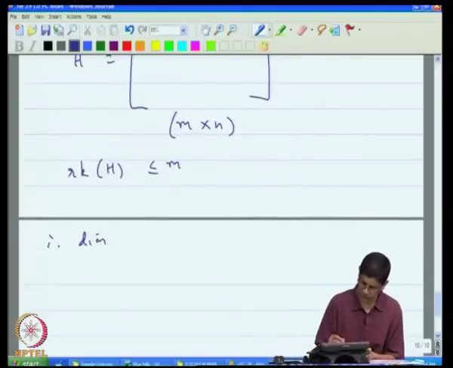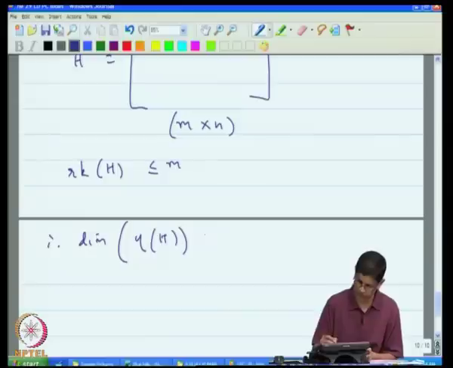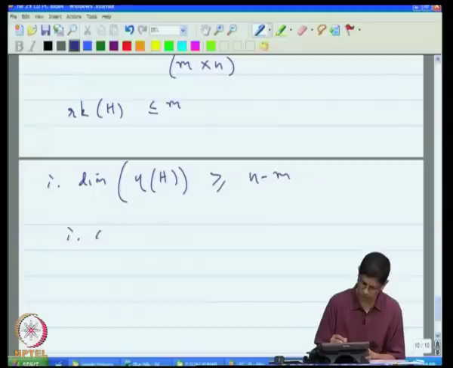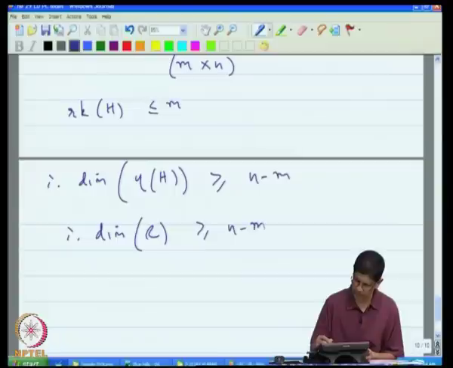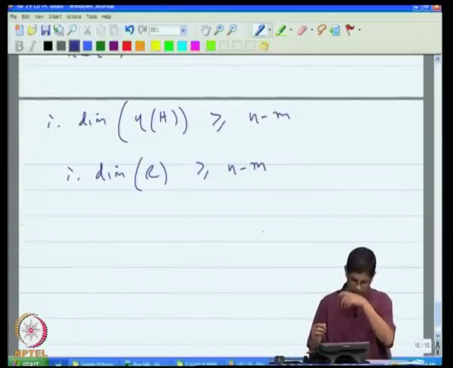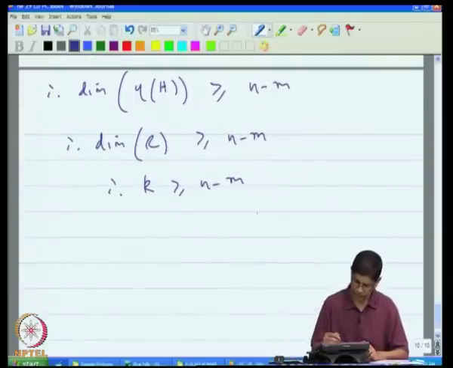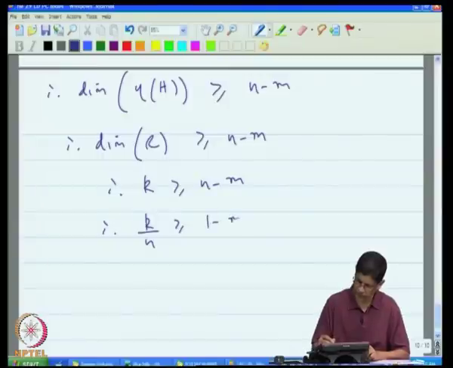Therefore, the dimension of the null space of H is greater than or equal to n minus m. Therefore, the dimension of the code is greater than or equal to n minus m. Therefore, k is greater than or equal to n minus m. Now, if you are talking about the rate of the code, k by n is greater than or equal to 1 minus m by n.